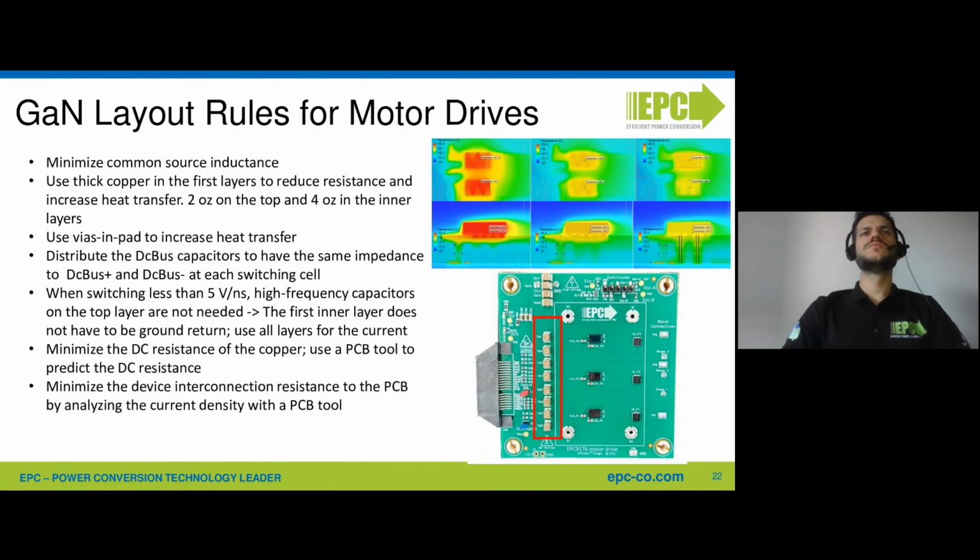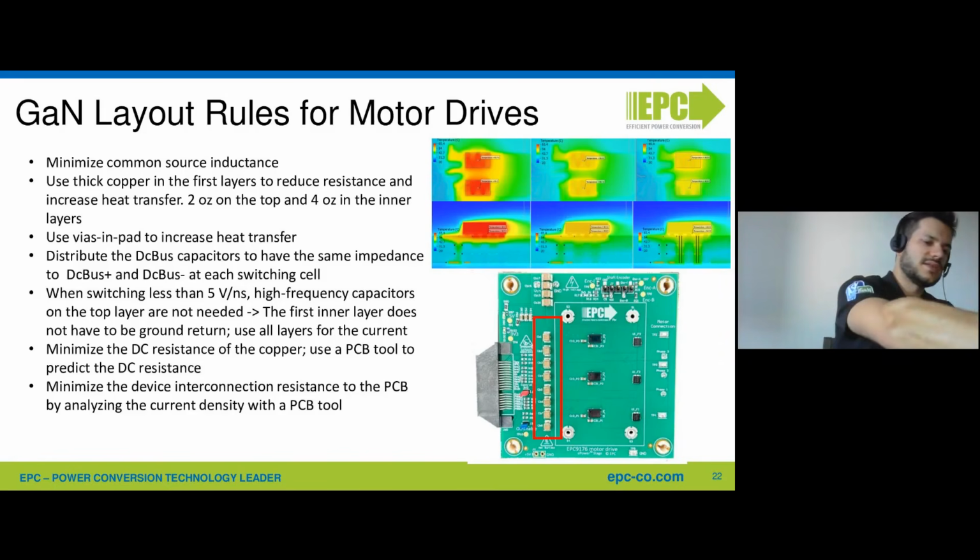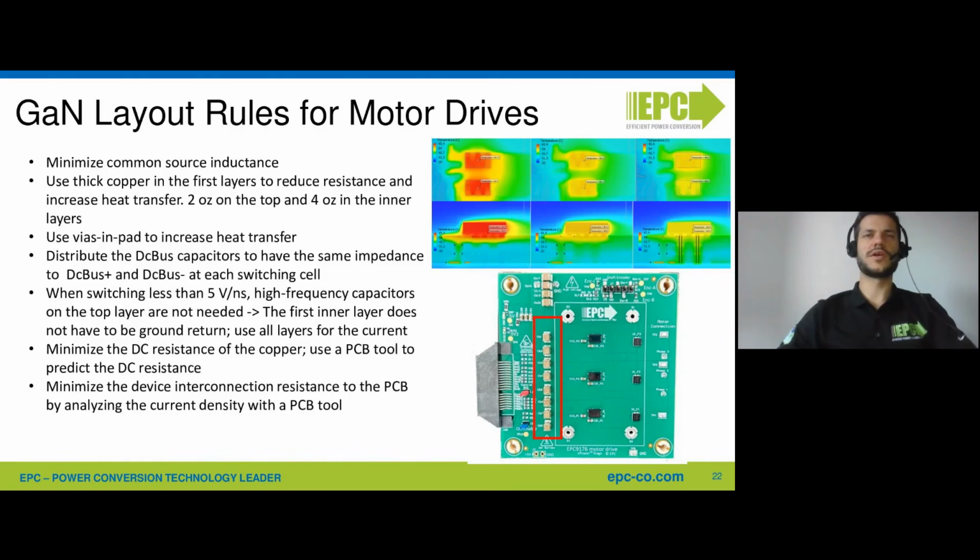So there are some rules that it is convenient to follow when designing an inverter using gallium nitride FETs. A common mistake might be to consider a gallium nitride FET or integrated circuit as kind of a very nice MOSFET. It's important not to do this because even though both are field effect transistors, they are made in a different way.